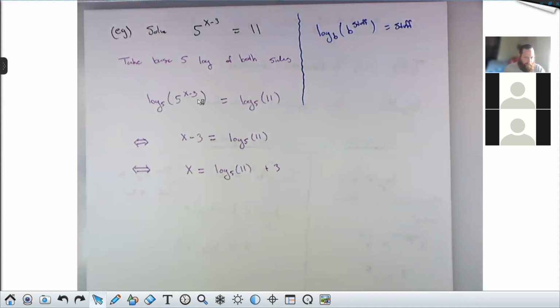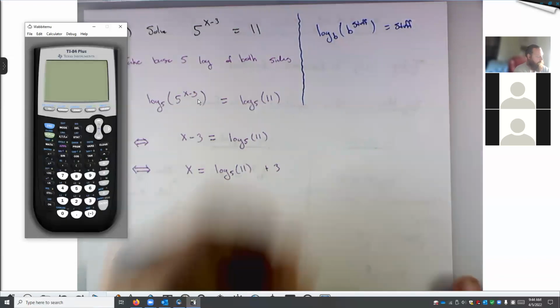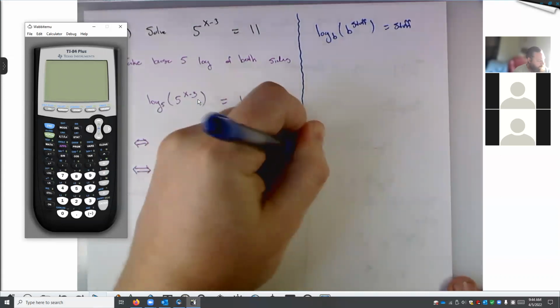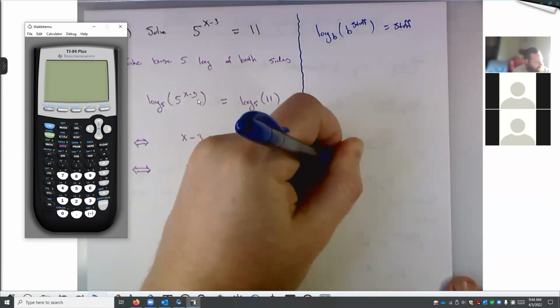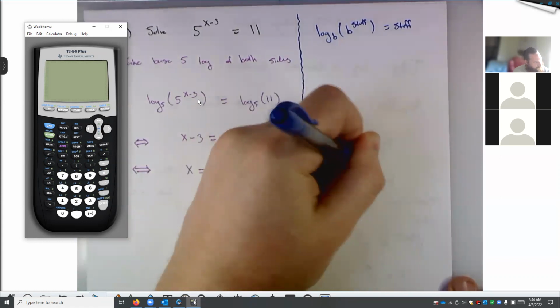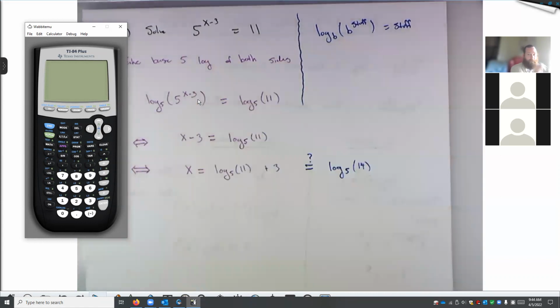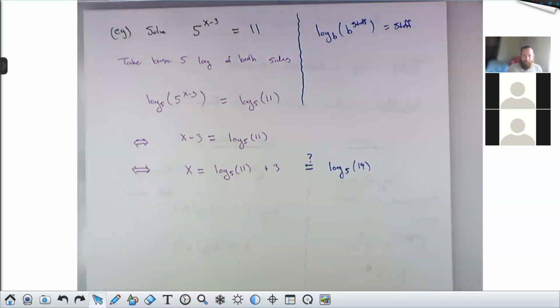I have a question for you. Is this equal to the base 5 log of 14? Right, because 11 plus 3 is 14. I've got the base 5 log of 11 plus 3. Is that the base 5 log of 14?